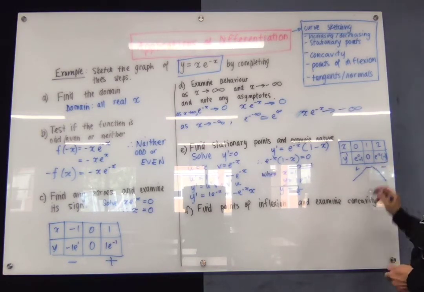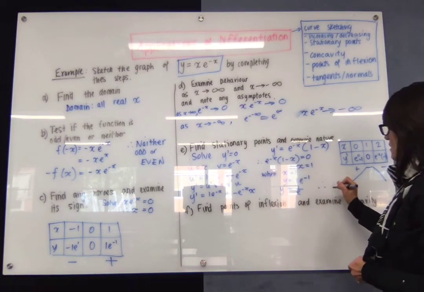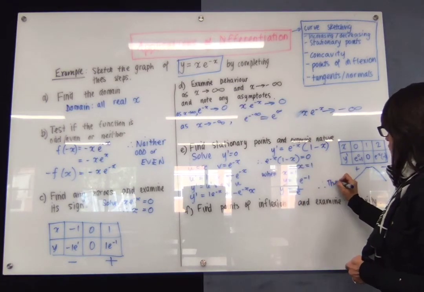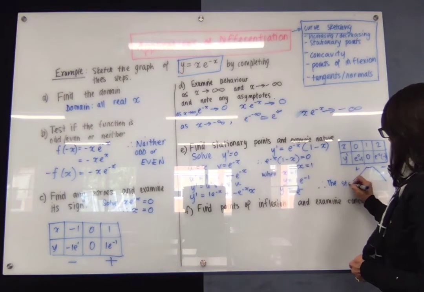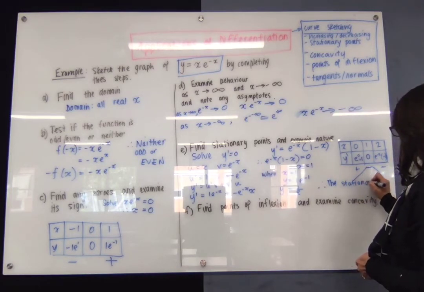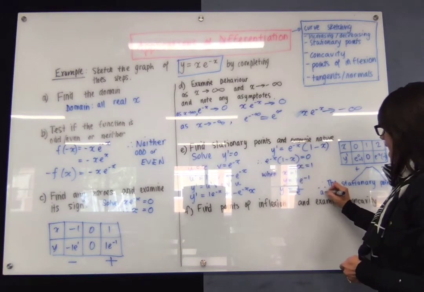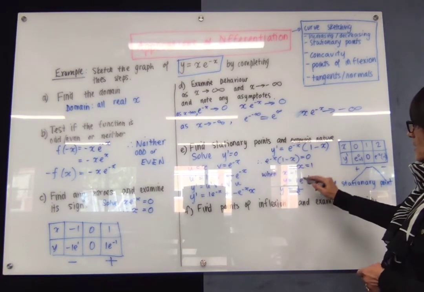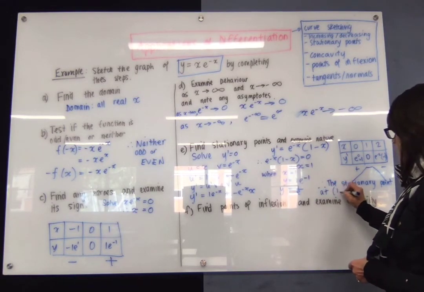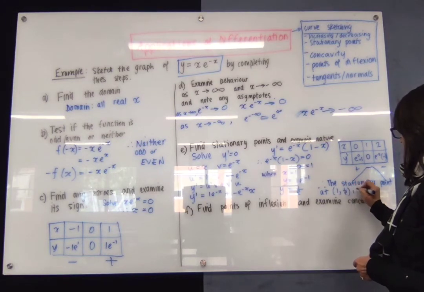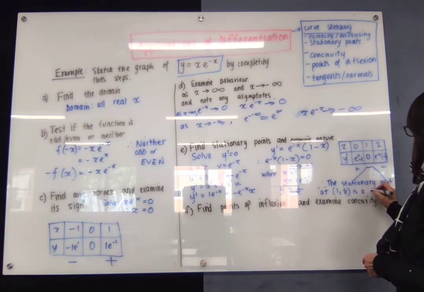So we end up with, in this case, therefore, the stationary point at our coordinate 1, 1 on e is a maximum.